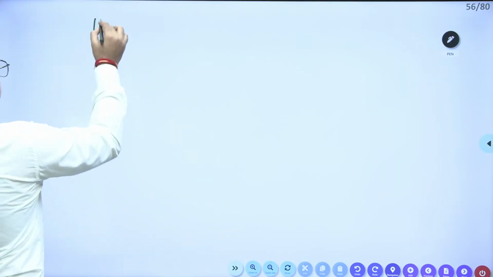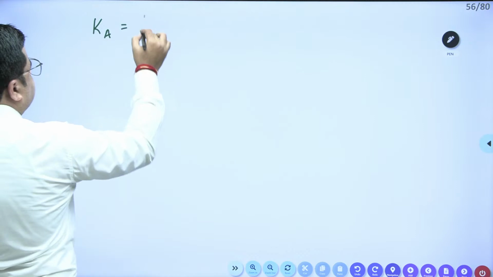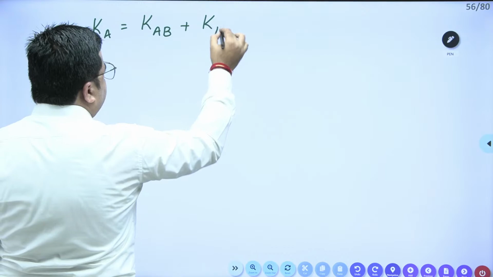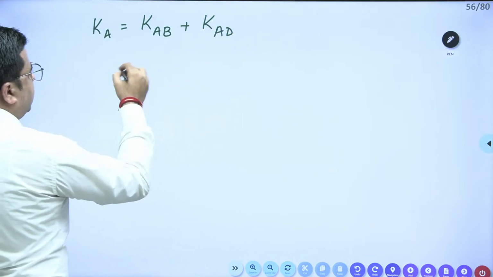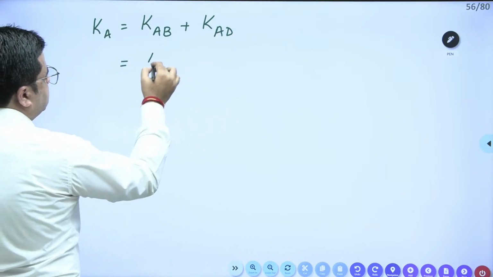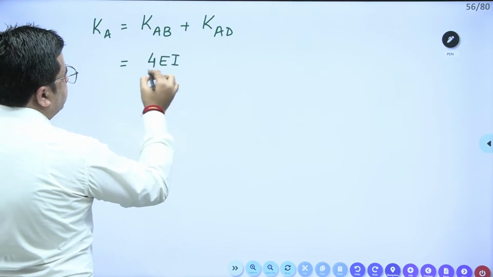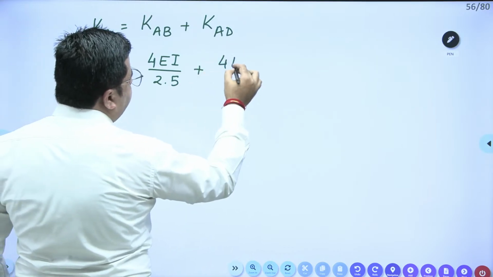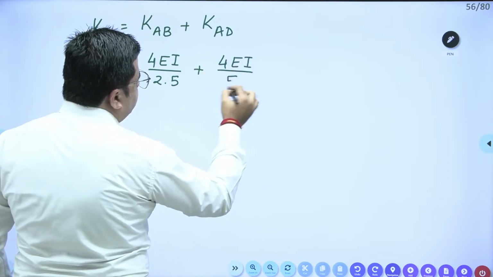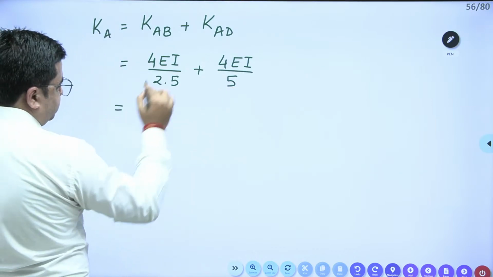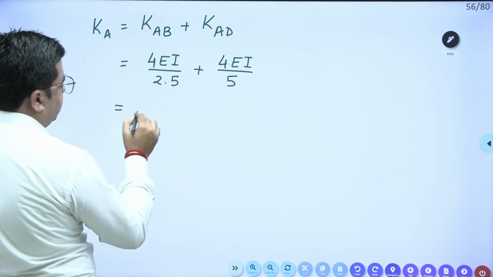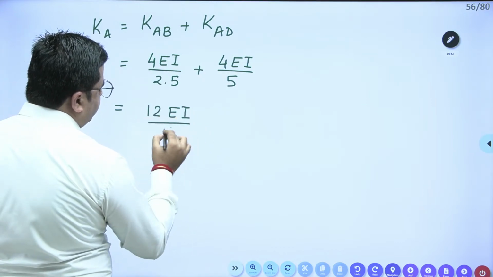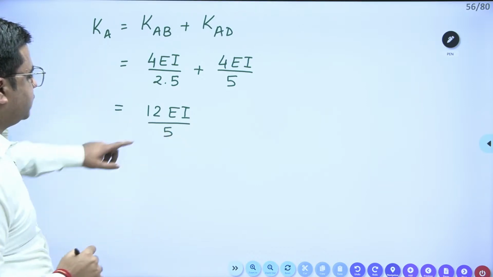So the stiffness of joint A is the stiffness of member AB plus the stiffness of member AD: 4EI by 2.5 plus 4EI by 5. When you add these two, you get 12EI by 5. So this is the stiffness of joint A.